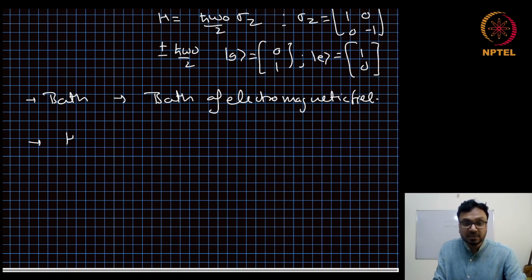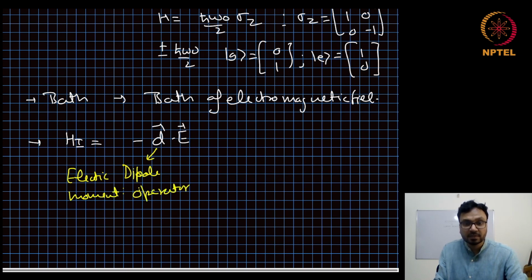The interaction Hamiltonian H_I is given by minus d dot E, where d is the electric dipole moment operator of the atom, and E is the electric field operator.